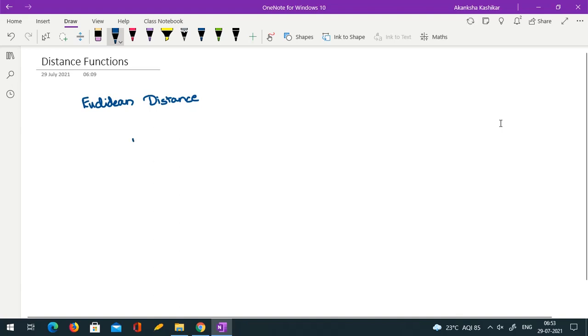Anyone is fine. How do you compute Euclidean distance in the univariate setup? Shortest distance between two points, so a straight line would do the job.